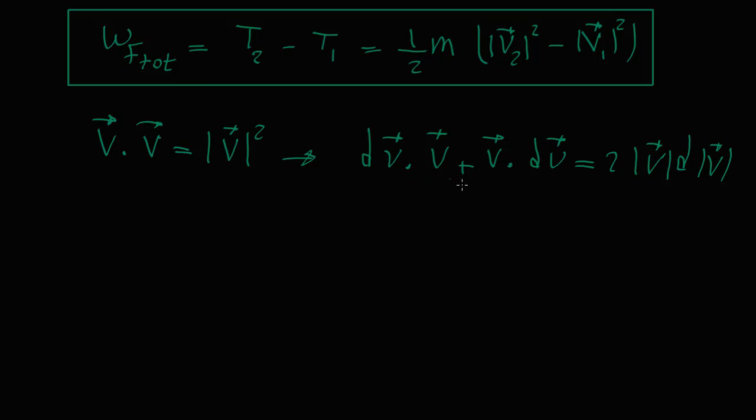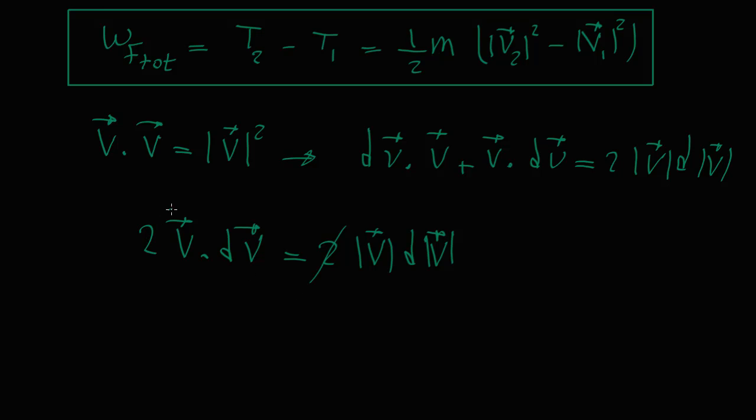So dv dot v is equal to v dot dv. So basically here I can write 2 v dot dv is equal to 2 v dv magnitude.